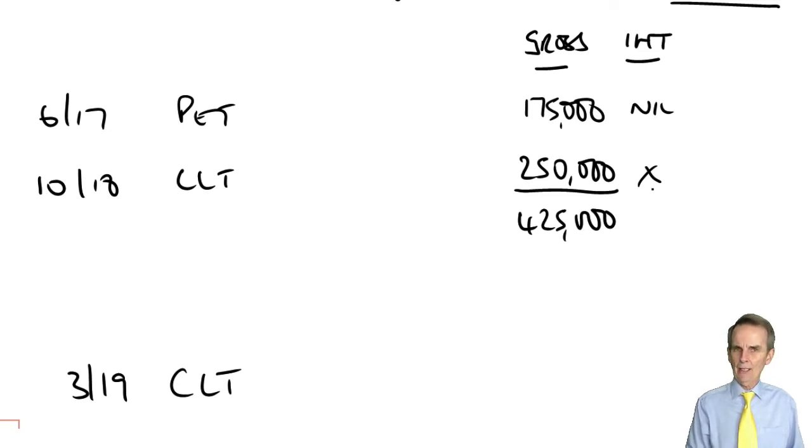Hopefully you can recall that and correctly apply it here before moving on to do the same exercise in relation to the March 19 CLT. So again, pause at this particular point and try and complete this exercise, computing what tax now becomes payable on each of the two CLTs payable as a result of the death of the taxpayer.